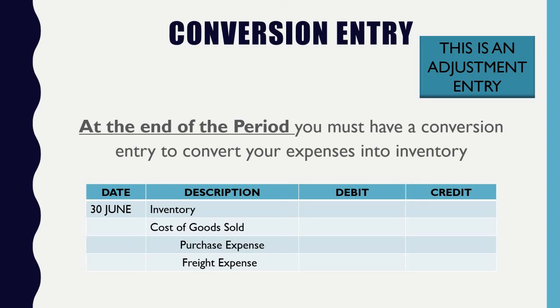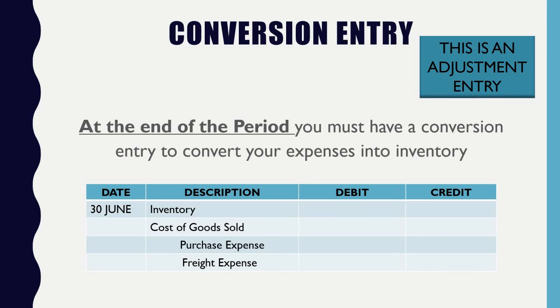Let's look at this journal entry for example. I'm going to put everything into inventory for the remaining that I have left. And I'm going to have my cost of goods sold because I don't have that stuff anymore, so I need to get rid of it. And then here we have your purchases and you have your freight.